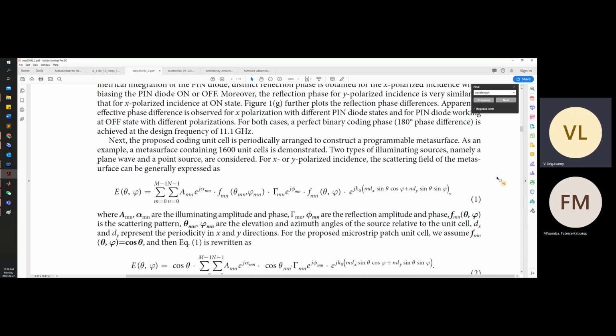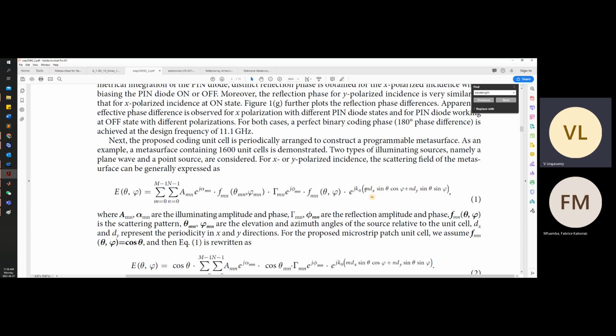We distribute the array elements with lambda by 2 spacing, so each element will be in one position. If it is a rectangular array, you will have 4 elements in the horizontal x direction and 4 in the y direction. So here M means, along x, how many elements?